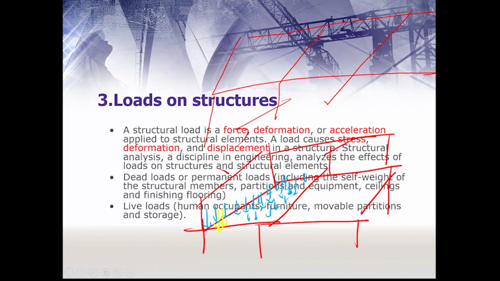For instance, this is the live load that is applied in this room for a particular moment, but in this other room there is nothing. So if you want to do the analysis of this room, we will consider only the load that is applied on this room, because only in this room the deformation will be in this area, but in this area there is nothing happening. Although there will be a small influence of this load, the deformation will not be that strong or very big.